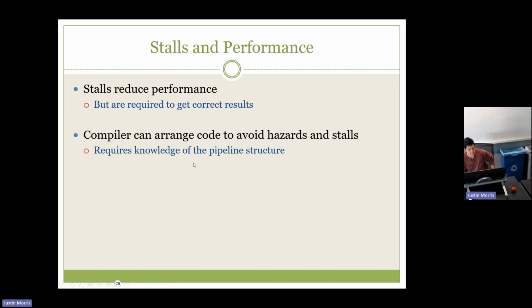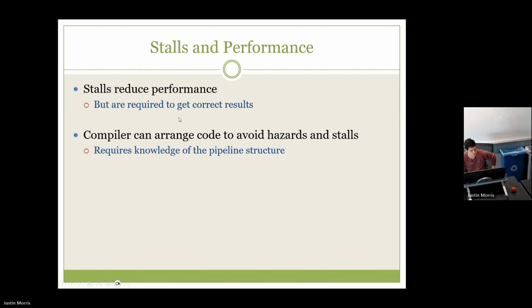So with data hazards, we saw that stalls reduce performance, right? Every time that you stall once, it's like you're adding an extra instruction. It does nothing. But these stalls are required to get correct results.